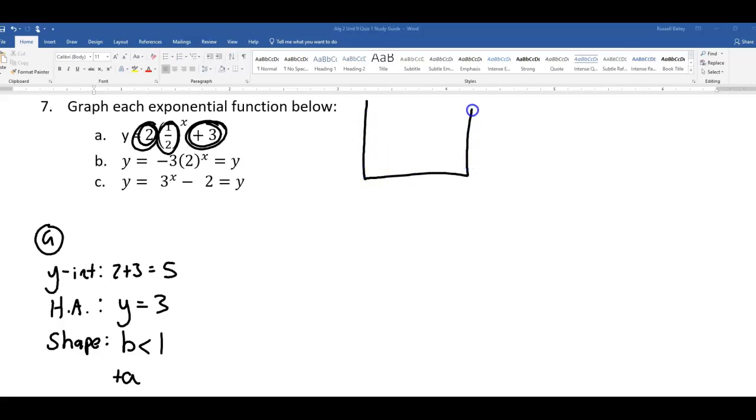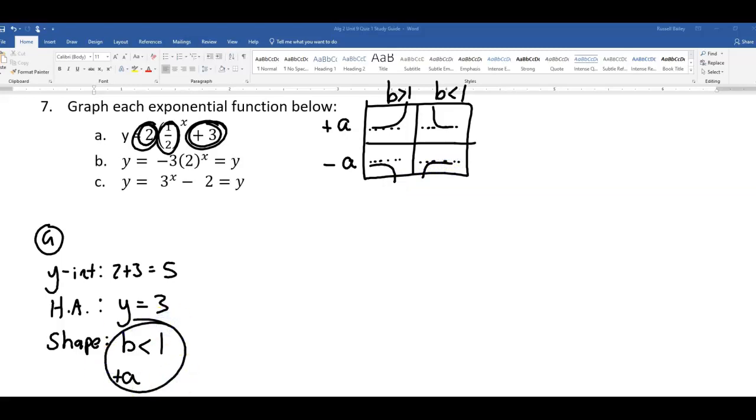I guess I can put it back up here for you again. You're going to look at this chart to determine what the shape will look like. Okay, so in this case, since b is less than 1 and a is positive, that's going to be this shape right here.